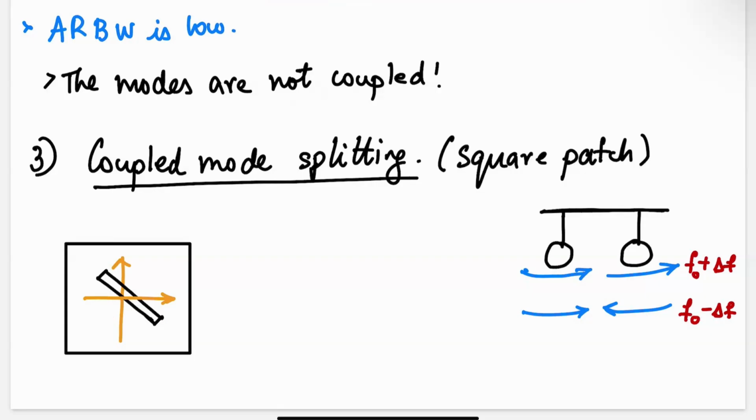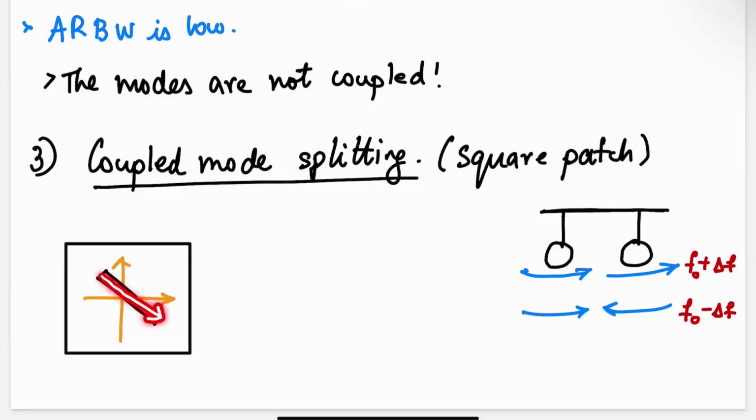Essentially, since it's a square patch, both these modes without the slot should have the same frequency, similar to having these two resonators that are independent from each other. Once you add the slot, they get coupled. The length of the slot controls the coupling strength. If the slot is very thin, the coupling strength would be very low because they don't interact much.